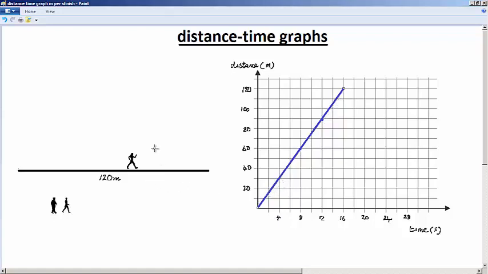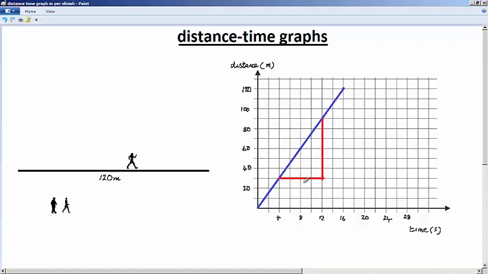Now, how can we calculate the speed of this person? Well, you can always find the speed from the graph, and the speed is equal to the slope of the graph, or the gradient of the graph. Now, to calculate that, we take a horizontal section, and for that horizontal change we find the vertical change.